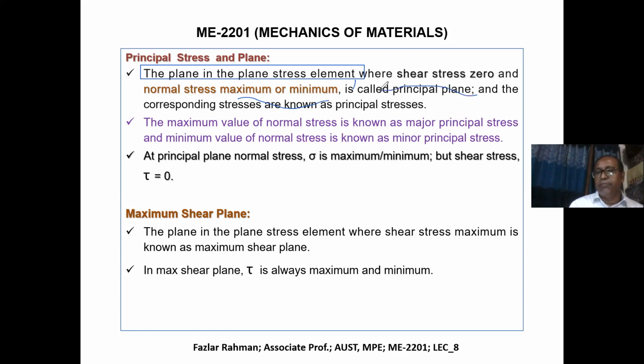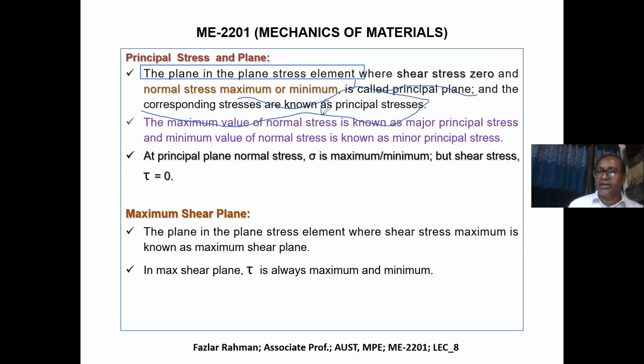So a cutting plane at a certain angle, where you are getting sigma maximum or minimum but tau value 0, that plane is called the principal plane. And the corresponding stresses are known as principal stresses.